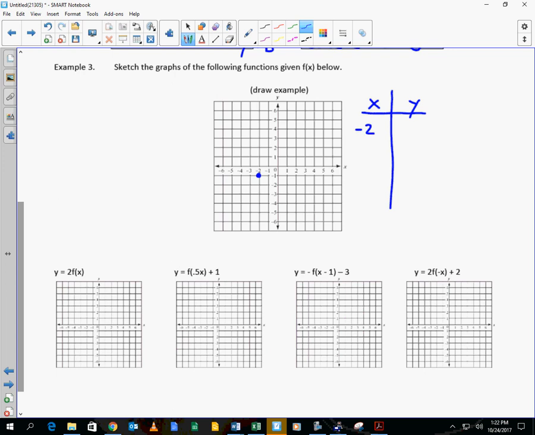We have -2, -1. We're going to go -1, +2. +1, +2. And 3, 0. And we're going to make a shape, and it's going to look like that.